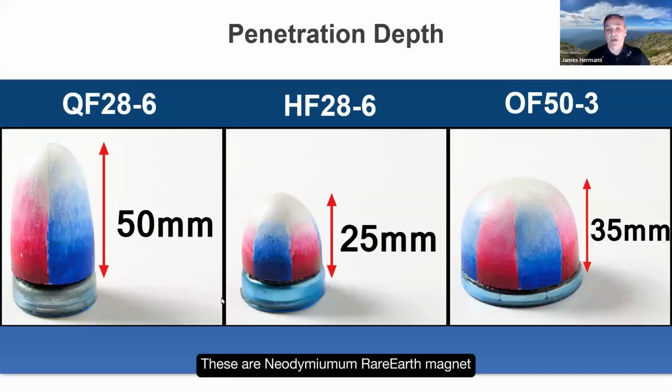So these are neodymium rare earth magnets, which are about as powerful a magnet as you can find. And so the quadrupolar magnet, which is 28 millimeter diameter and 6 mil thick, will penetrate roughly 50 millimeters, whereas a hexapolar of the same size will only penetrate about 25 millimeters, so half the depth of penetration.